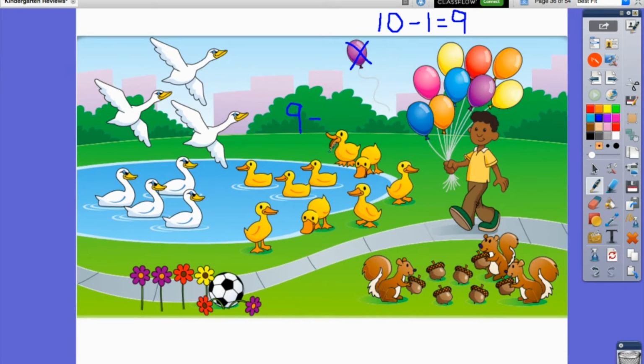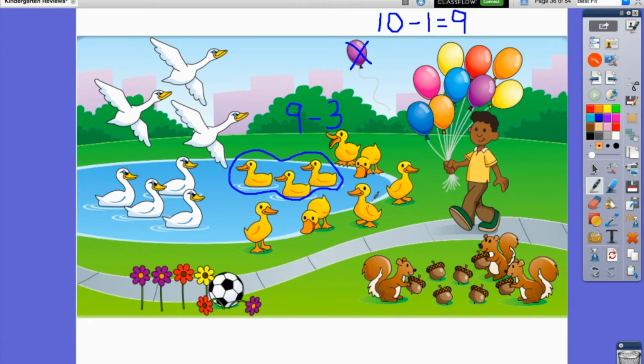So let's see. We had all these ducks. I bet they were all over here eating, but it looks like some of our ducks decided to swim away. How many ducks decided to swim away? 1, 2, 3. So 9 yellow ducks, 3 of them decide to swim away.